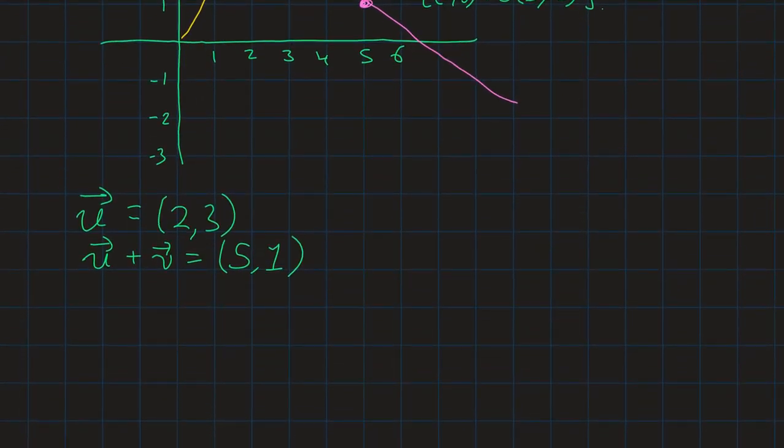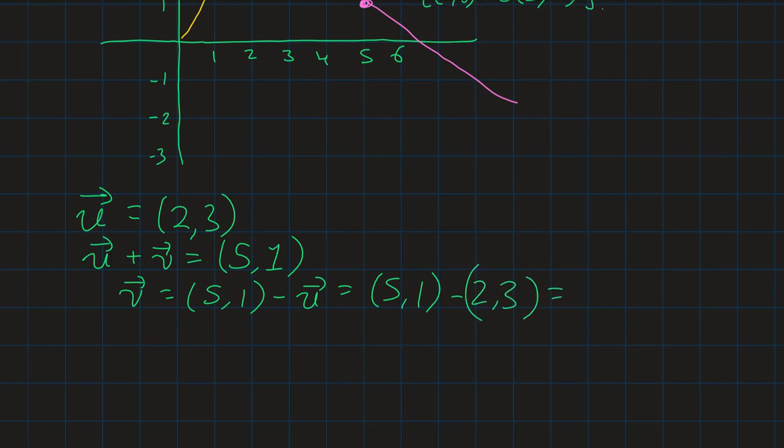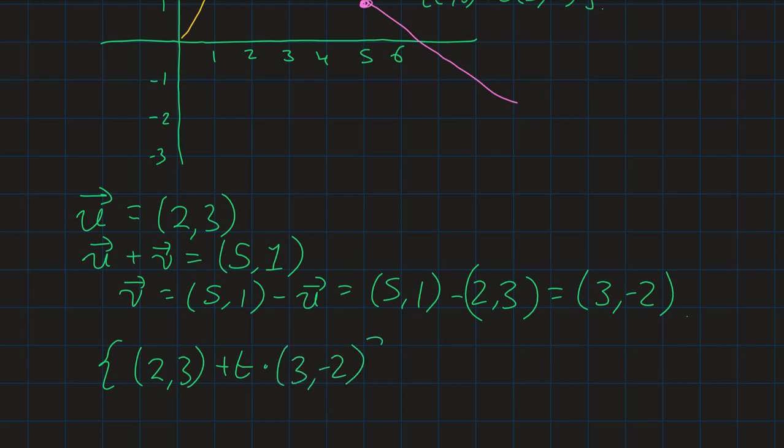So u plus v equals (5, 1). What this means is that v equals (5, 1) minus u, which is (5, 1) minus (2, 3), which is (3, -2). And that's the answer. So I get the same answer again. (2, 3) plus t lots of (3, -2).